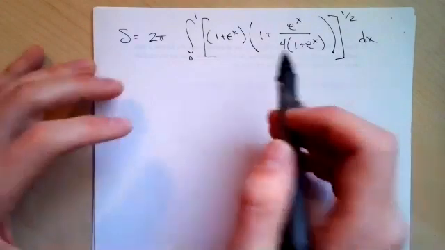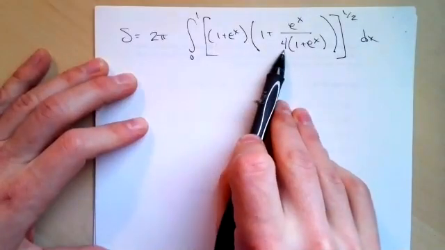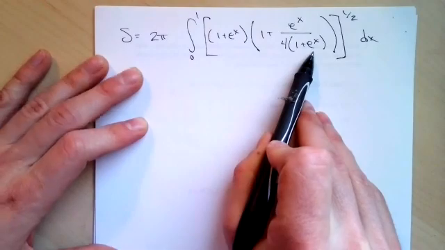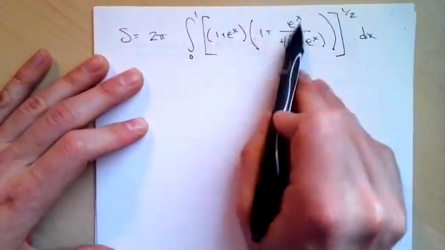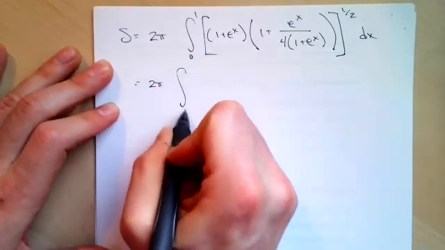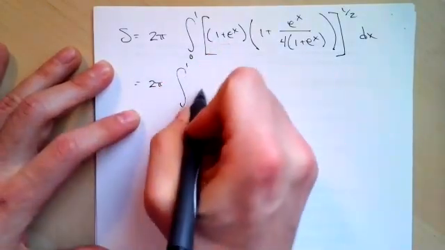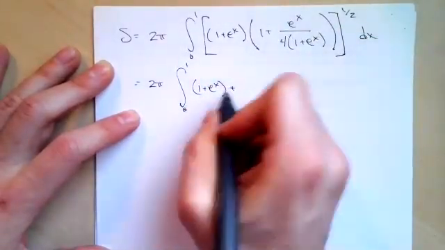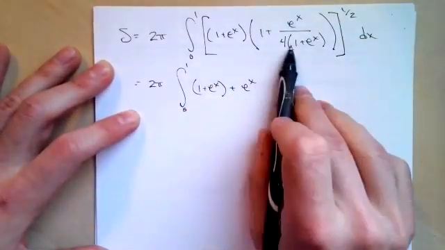So this helps us do our algebra. And of course, the reason I wanted to factor this 4 out is because we once again have these same factors. So when we distribute this guy as a whole between those two terms, we're going to get 1 plus e to the x times 1, and then plus e to the x over 4.